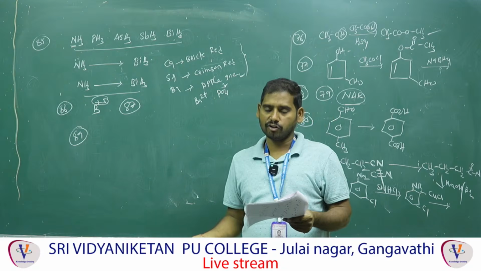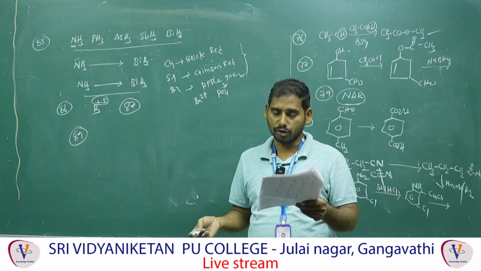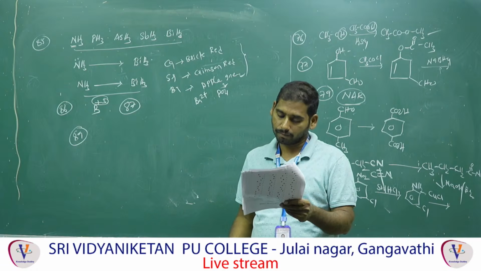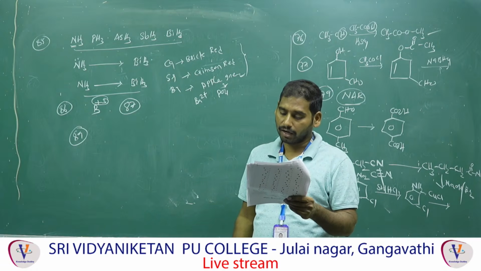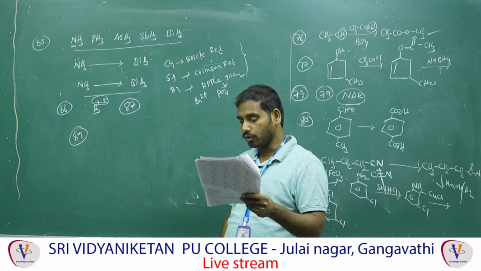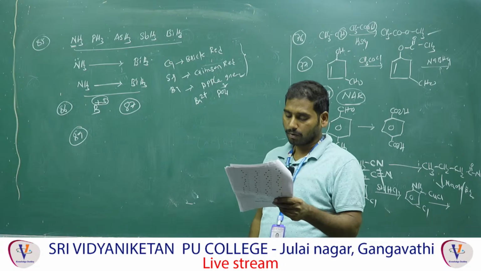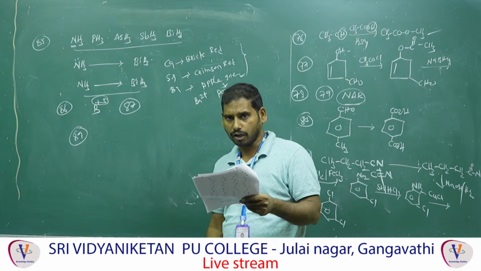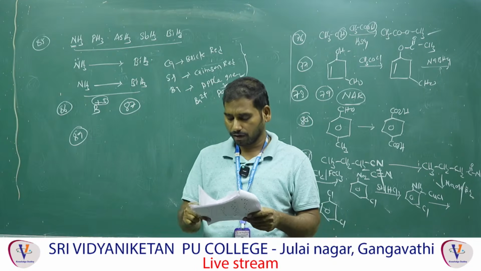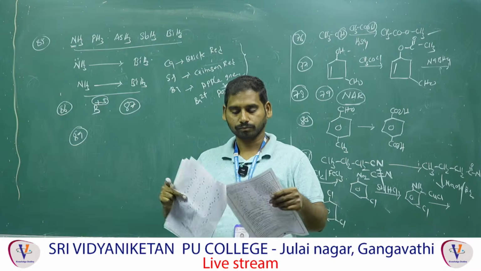So if NaBH4 reduces it, lithium aluminum hydride will also reduce it. First one, amide, will not reduce. Second, double bond, will not reduce. Third, ketone, will reduce. Fourth, anhydride, will not reduce. Fifth, acid chloride, will reduce. So 3 and 5.